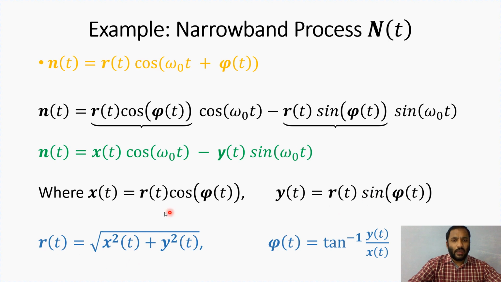Similarly, the phase phi of t can be calculated by dividing these two equations by each other. That means y of t divided by x of t will be equal to tan of phi of t, or in other words, phi of t can be obtained as tan inverse of y of t divided by x of t.